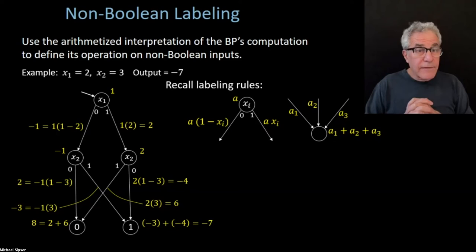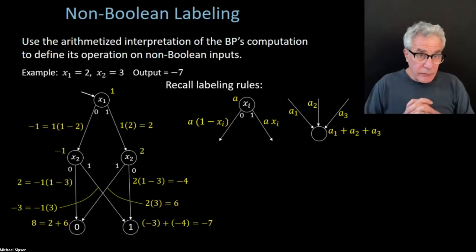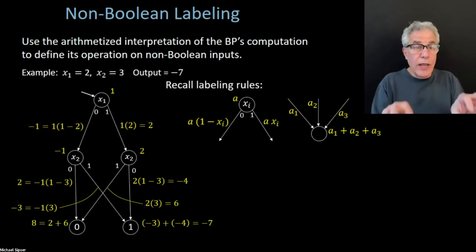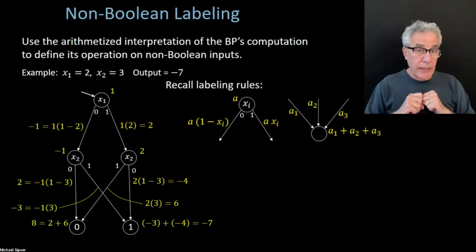Yes, if that other branching program was read once. No, not necessarily if it's not read once. And that's why read once is critical. As we will prove, for two read once branching programs, if they behave the same way on the Boolean values, they behave the same way even on the non-Boolean values.